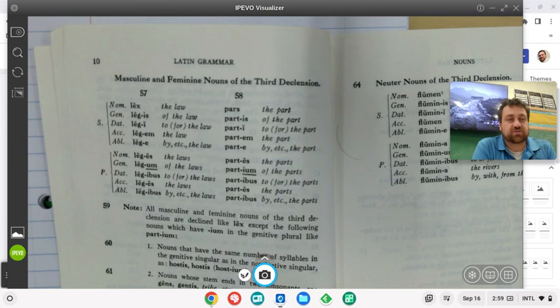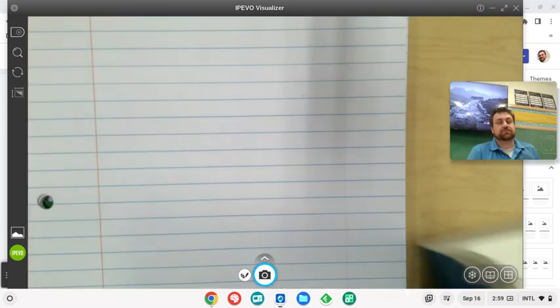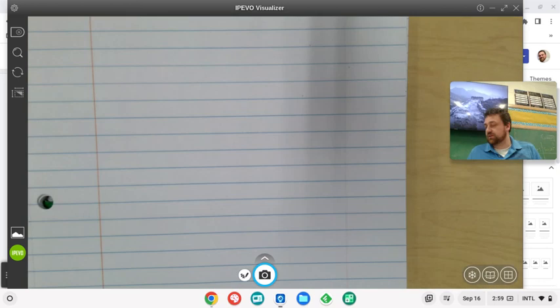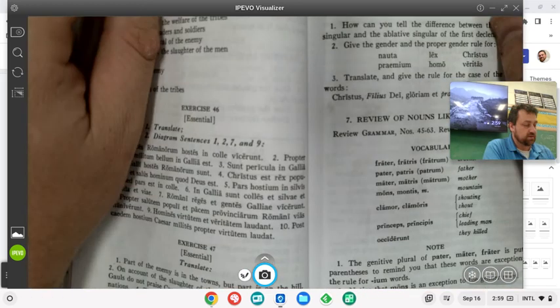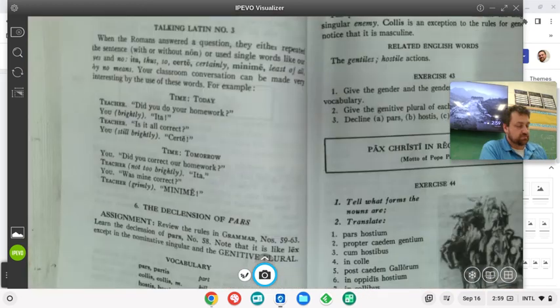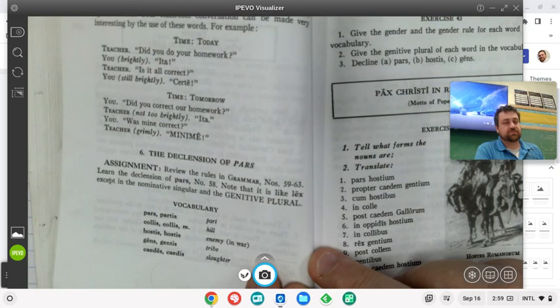So right here on this page, I'm not in the Purple Henley book. I am in your grammar book. If you go to our corresponding part of our Henley book, we're on page 44, the Declension of Pars.